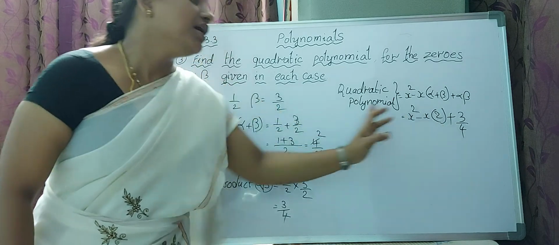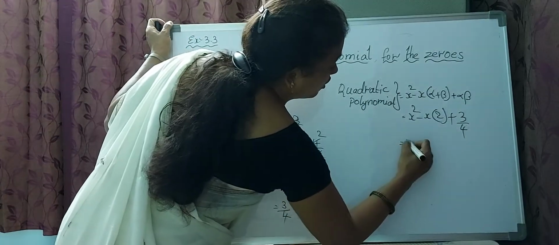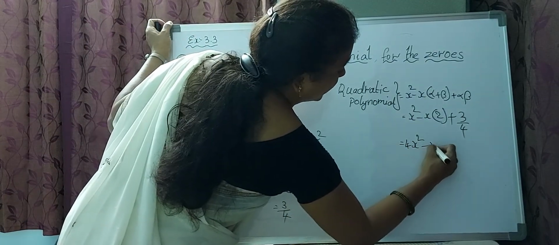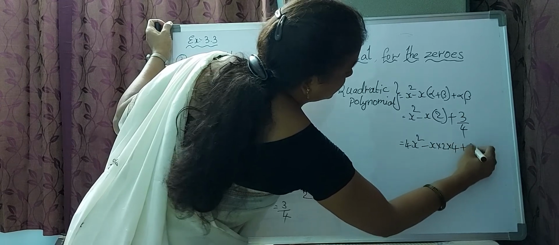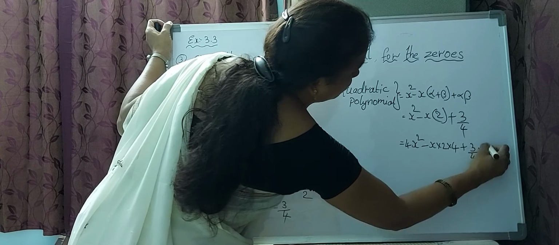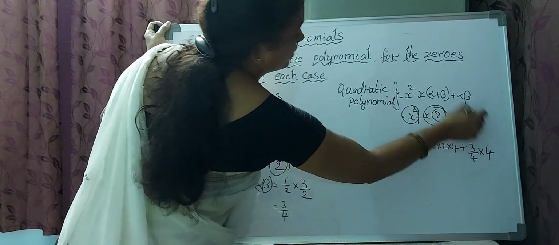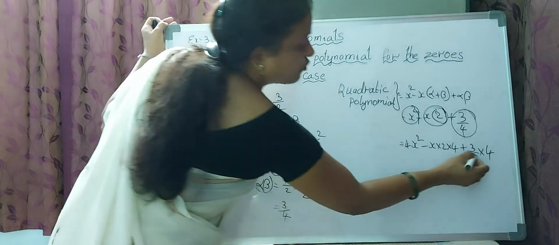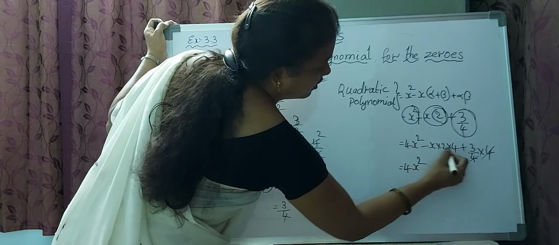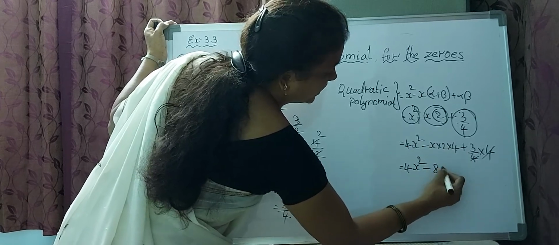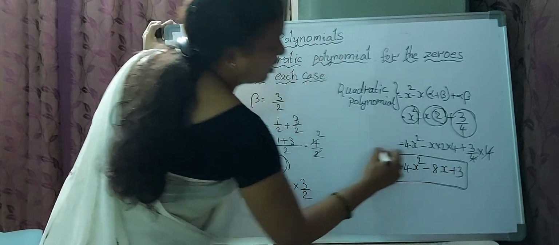To remove the fraction, multiply each and every term with 4. So 4x square minus x into 2 into 4 plus 3 by 4 into 4. The 4 gets cancelled. 4x square, 2 fours are 8, minus 8x plus 3 is the required quadratic polynomial.